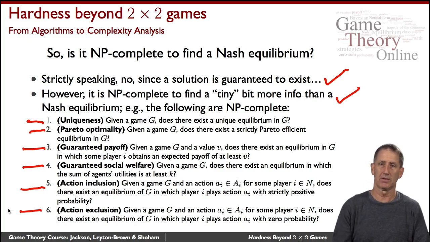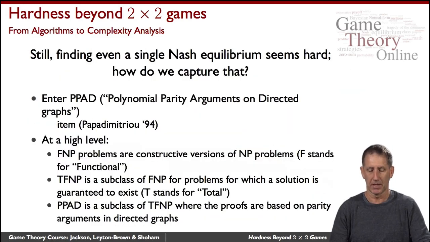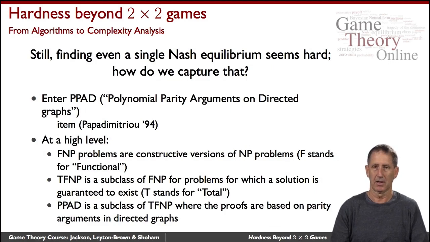All of these and others are examples of questions that are provably NP-hard. Okay, so that tells us something about the hardness, but still, we still ask about just finding a sample Nash equilibrium. How hard is that? So we've seen the algorithms.